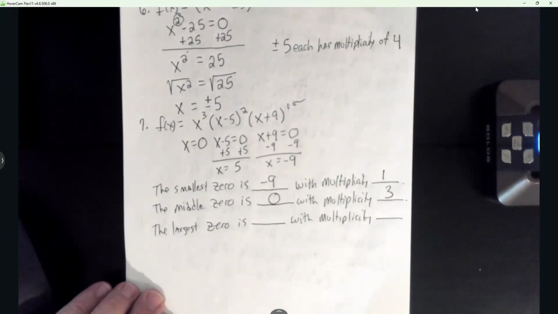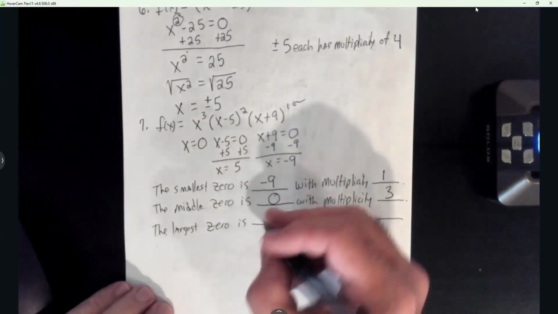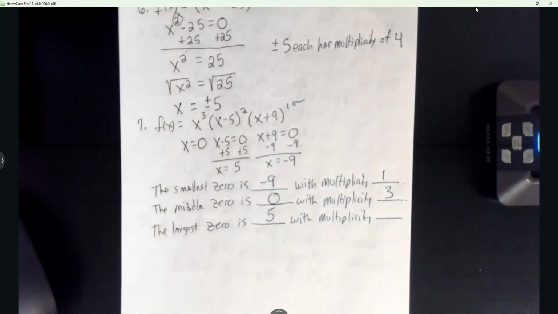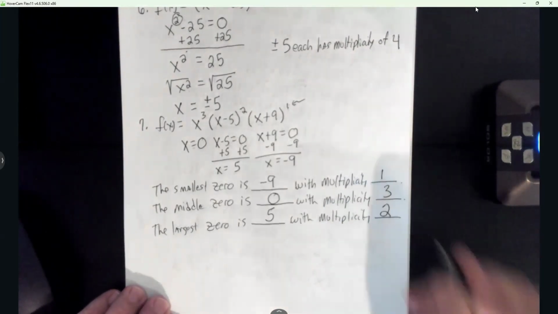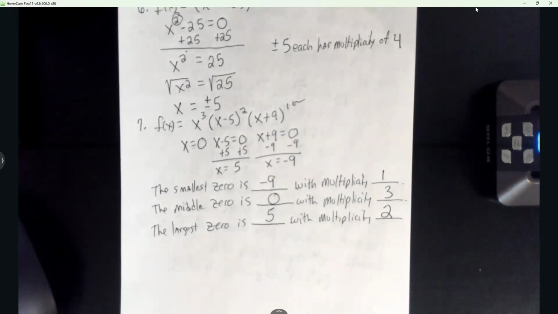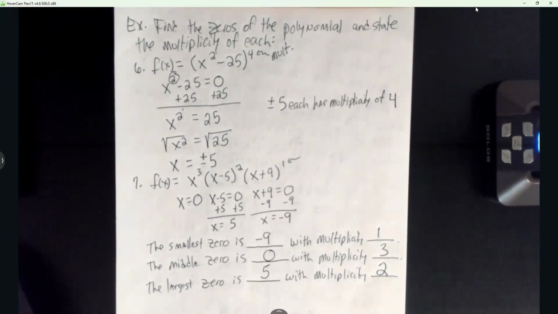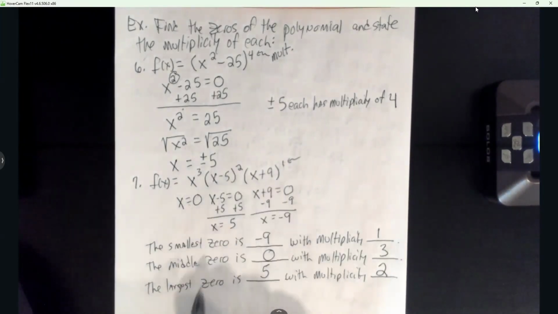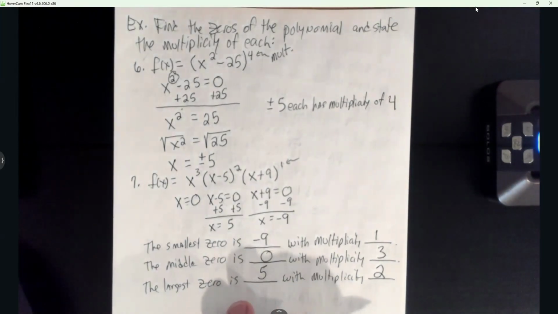So y'all, that means the largest 0 is what? All right, 5. And what is this multiplicity? All right, good job, y'all. That is definitely a 2. All right, y'all. So that's the trick on these. Find those zeros and then answer them questions for the multiplicity and all that fun stuff, okay? So let's do one more of those and then we'll change the theme up, okay?